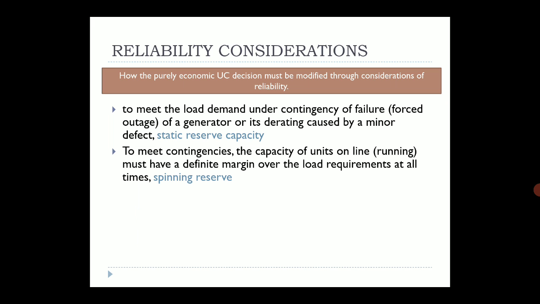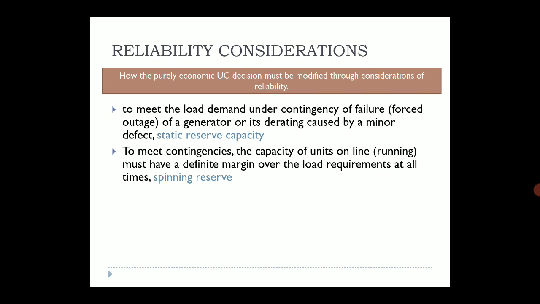Now, in the reliability considerations, the purely economic UC, that is unit commitment, decision must be modified through the consideration of reliability. That is how we are modifying the UC decision depending on the reliability.